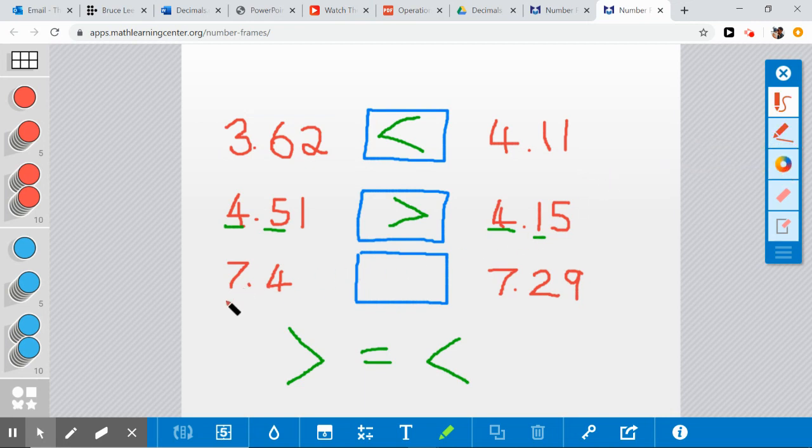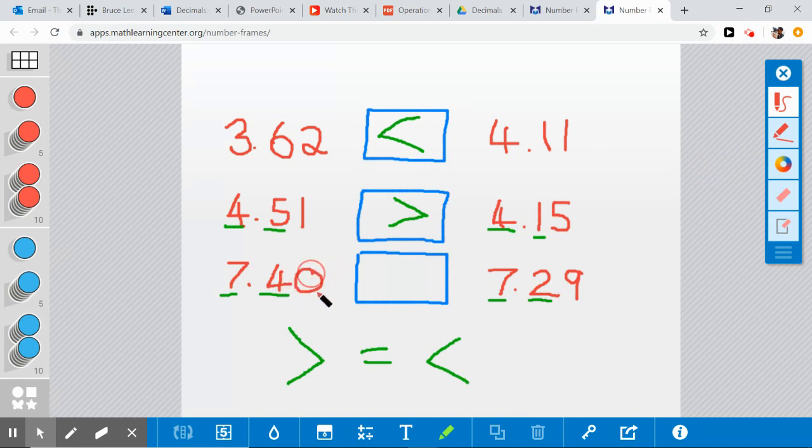let's look. This has got 7 ones. Oops, change my color. This has got 7 ones, and this has got 7 ones. So now we look at the next place value column. Well, this has 4 tenths, and this only has 2 tenths. So this is the biggest number. Remember, 7.4 can also be written as 7.40.